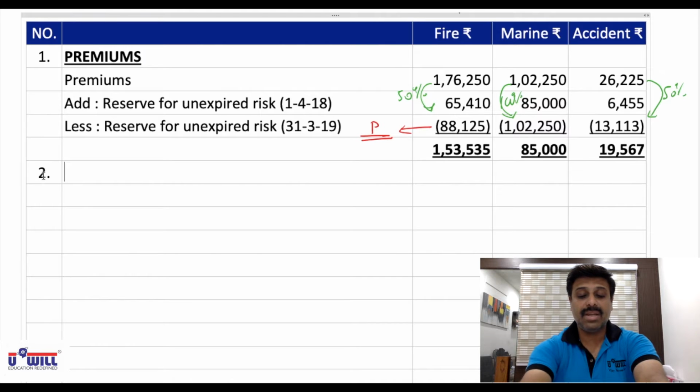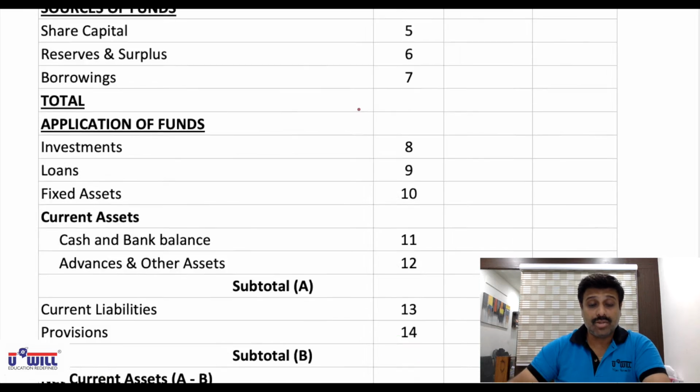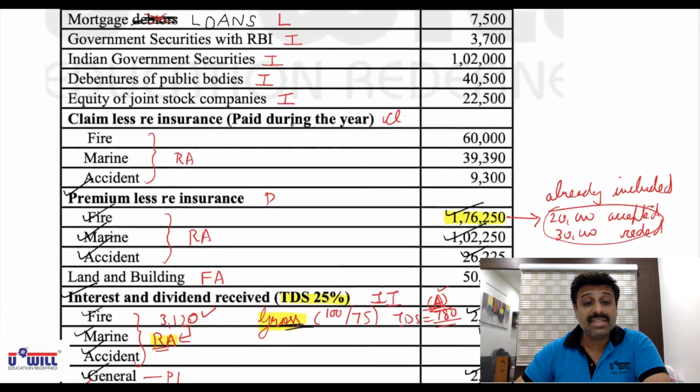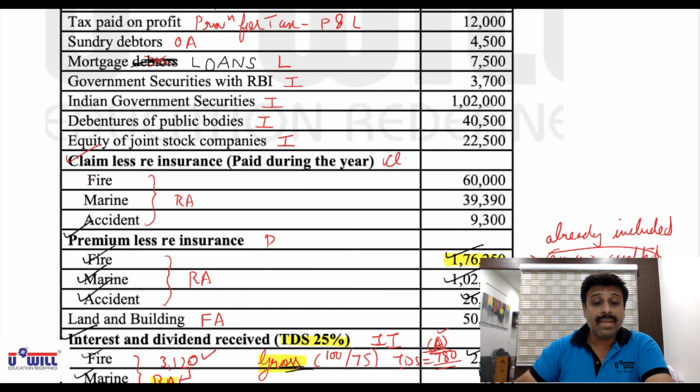Now second, after premium we show claims. To start with, we show the claims amount given in the question, in the trial balance itself, the items marked CL, claims CL, you can see here. Fire's amount of claim is 60,000.